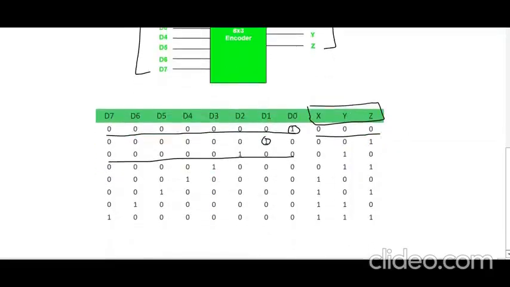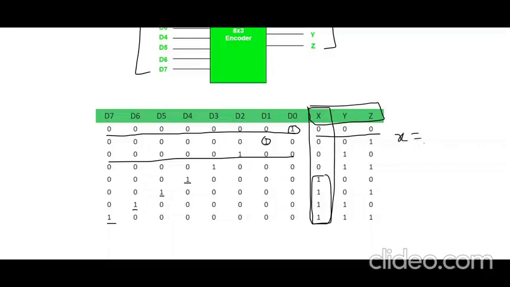So how can I write my expression for X, Y, Z? Just look at this column where your output X is active for which of the inputs. 1 is active over here, against this, against this, against this. So you can write X as D4 plus D5 plus D6 plus D7.